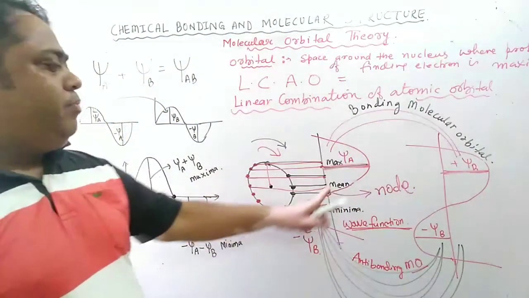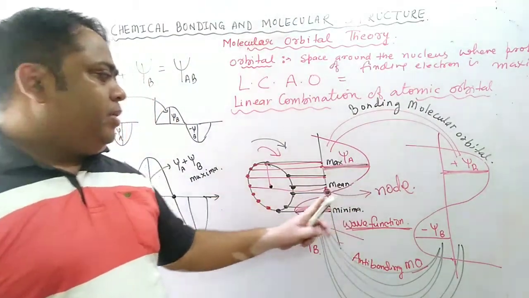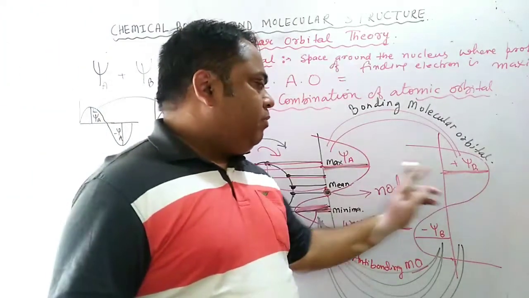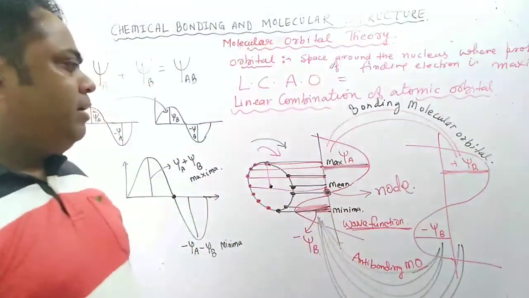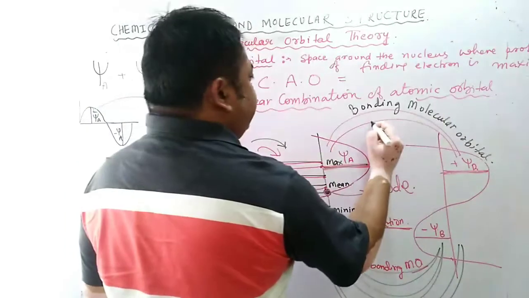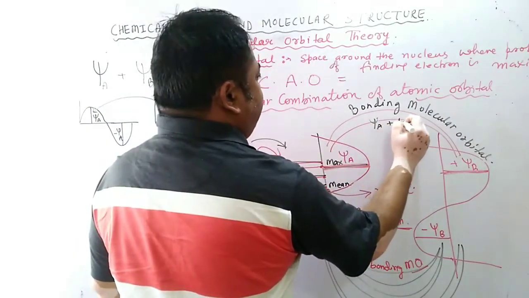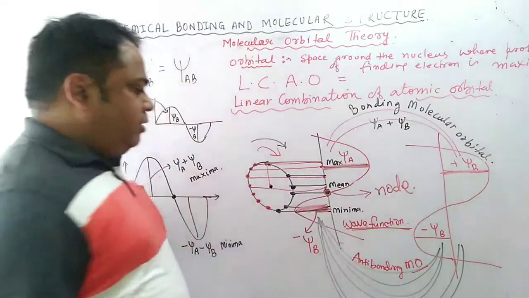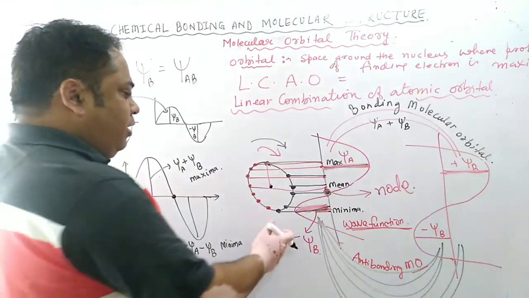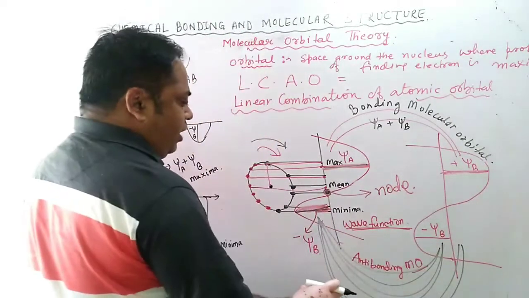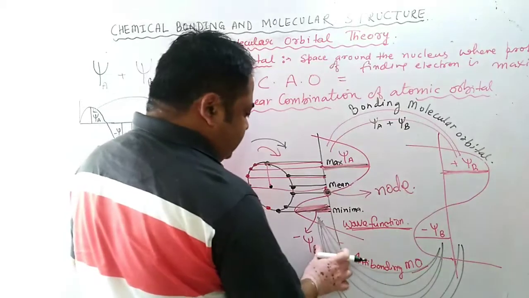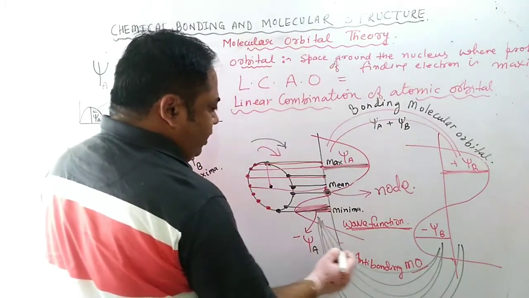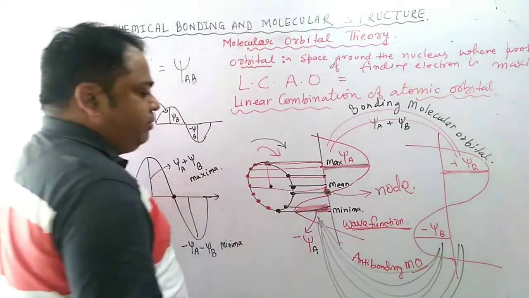Maxima is shown by this amplitude psi a, and maxima of another atom psi b. When they combine they form a bonding molecular orbital, that means psi a plus psi b. And when the anti-bonding molecular orbitals are formed, at that time minus psi a and minus psi b combine.